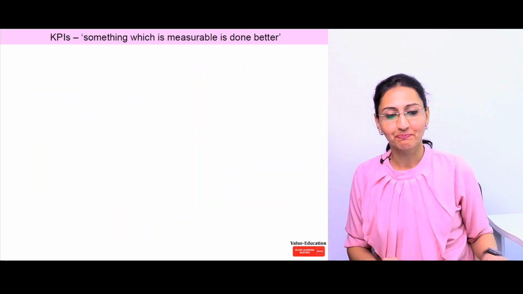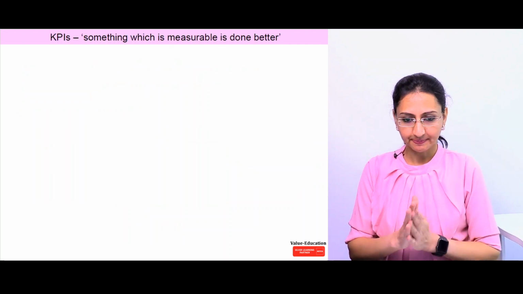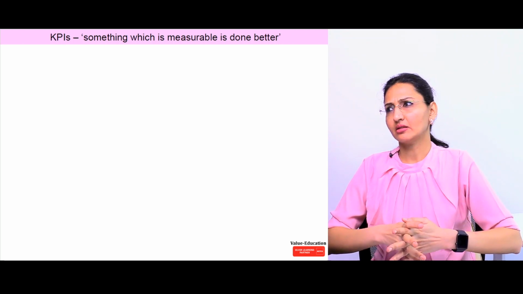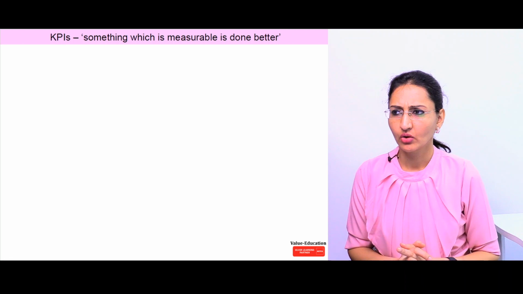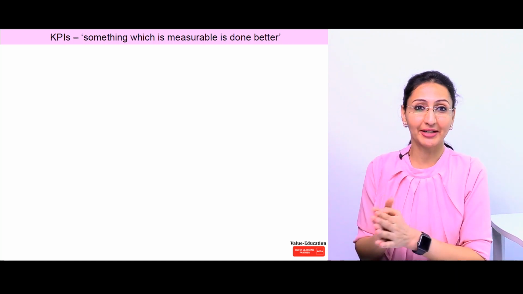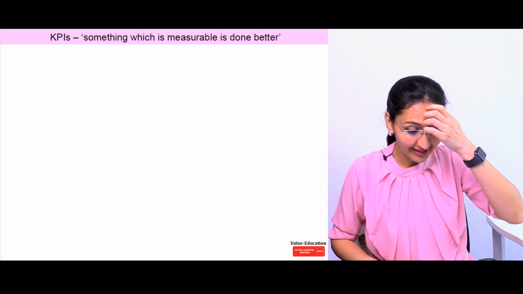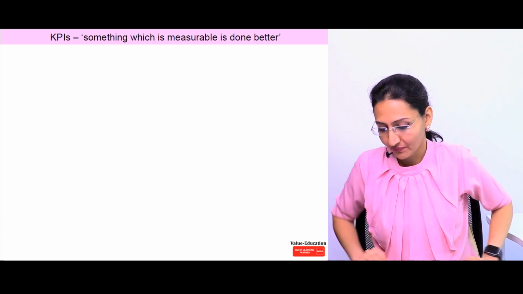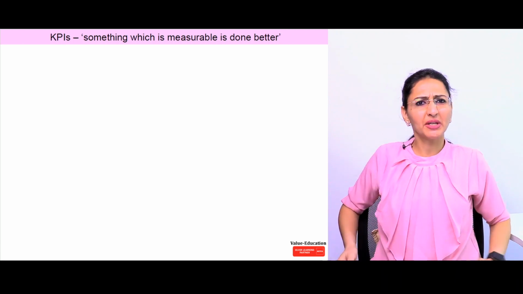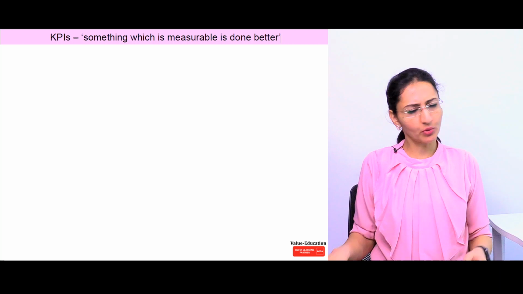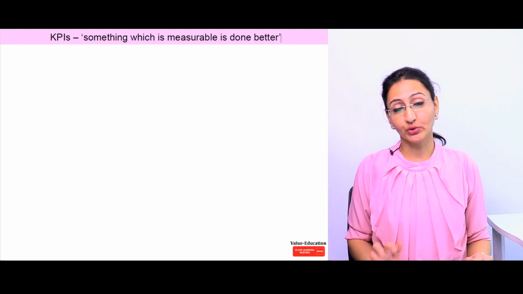Now, KPIs. Now, what are KPIs? KPIs, key performance indicators. When we have something which can be measured, it's always done in a better way. Now, just imagine you all have been getting grades in your BCom in terms of CGPA, or let's suppose we give you A, B, C, D. Your motivation will not be really to that extent.